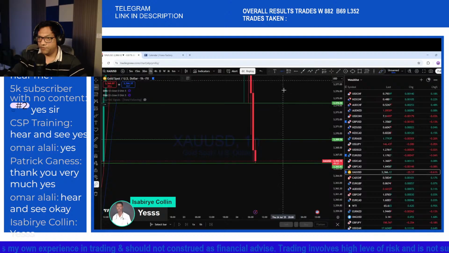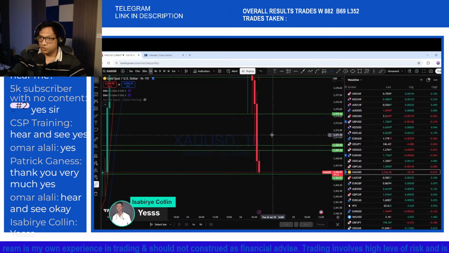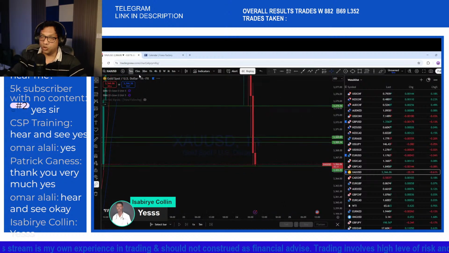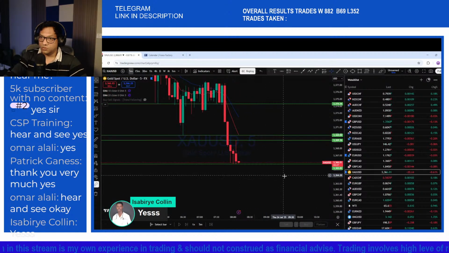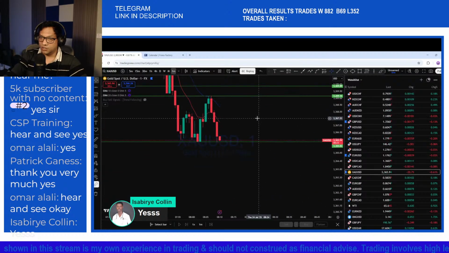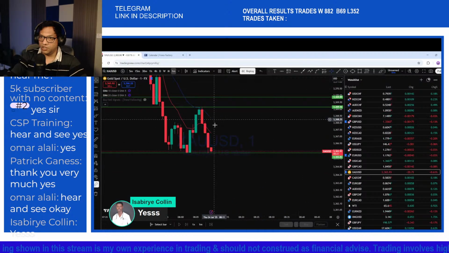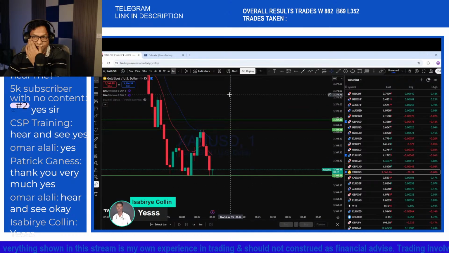There is a fair value gap. The previous candle's low is here, so there is still a fair value gap. If the market is going to hit that fair value gap, filling that zone, that's going to be a great opportunity to sell this market. Let's wait to see if it goes back to hit that fair value gap.